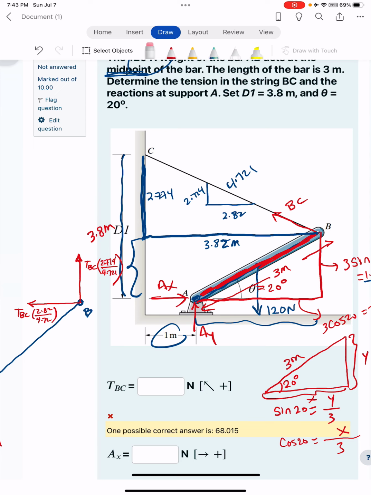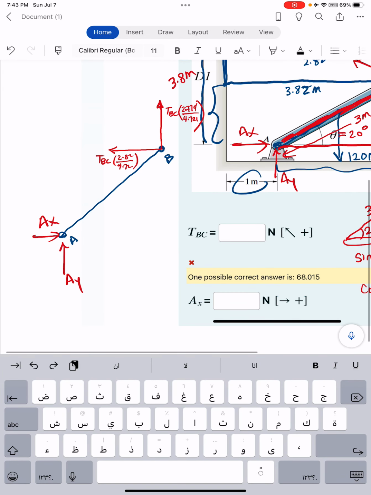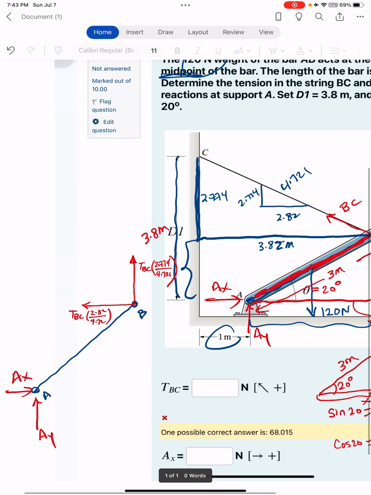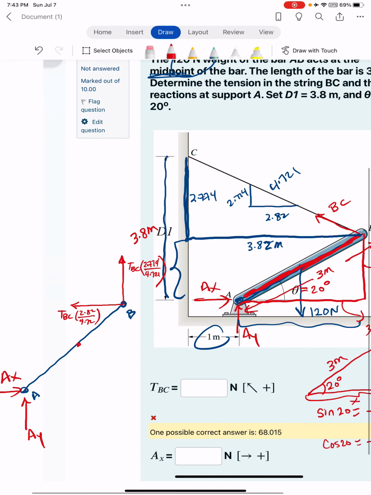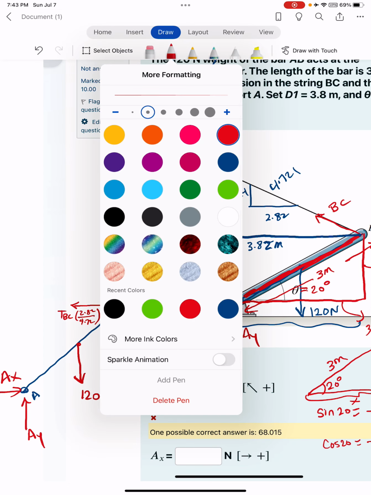And now, as we mentioned in class, the best way to find the tension is to do summation of moment at a point where there are too many unknowns. But before we do that, let's find out the weight first. There's a weight here in the center, and that weight is 120 Newton. Let's complete the triangle here.